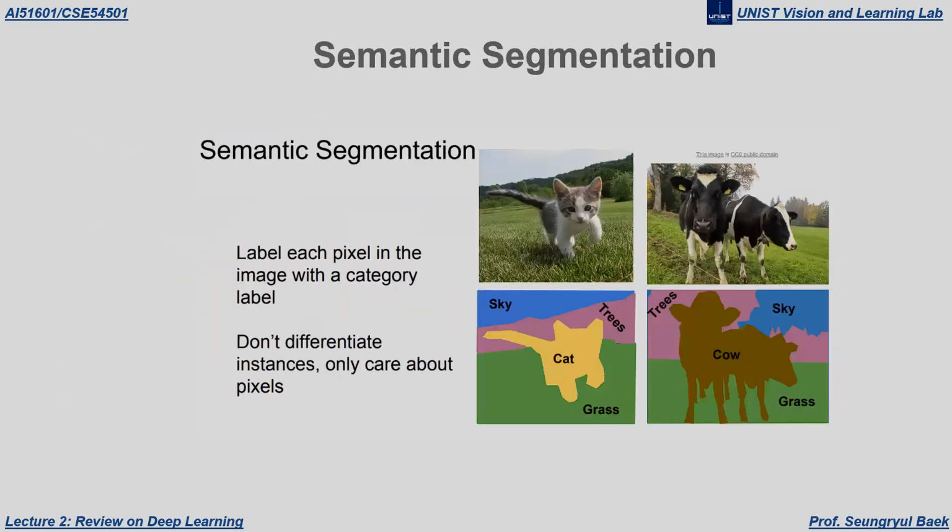In semantic segmentation, as I told you in previous lectures, each pixel of the image should be classified into some semantic category. For example, in this figure, we have to label it pixel-wise like this, and from this figure, like this.